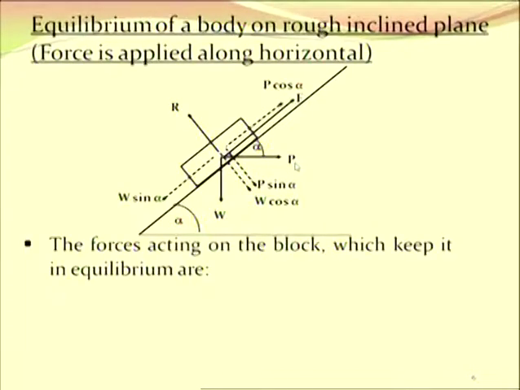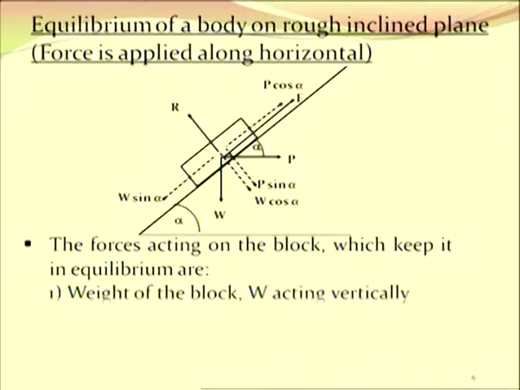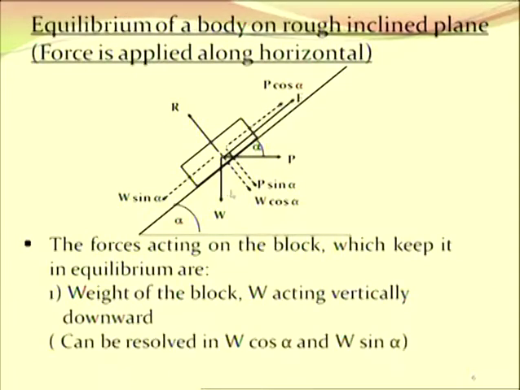The forces acting on the block which keep it in equilibrium are: first, the weight of the block, W, acting downwards, which can be resolved into W cos alpha and W sin alpha. This angle also becomes alpha, hence it is W cos alpha and W sin alpha.